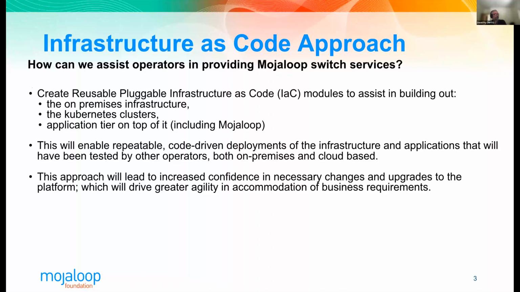But what we want to do is build out repeatable infrastructure for Kubernetes clusters, as well as the application tier. And the structure of the IAC reflects that approach, that philosophy.